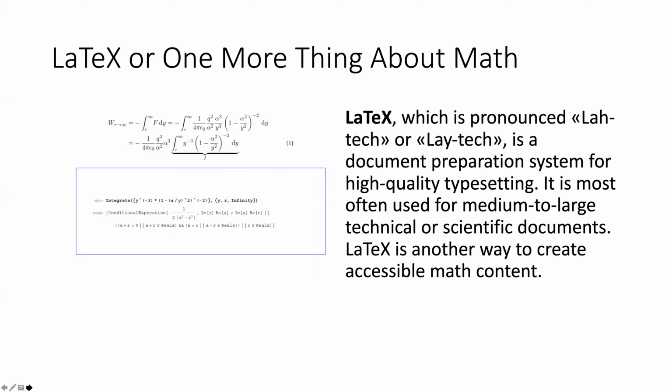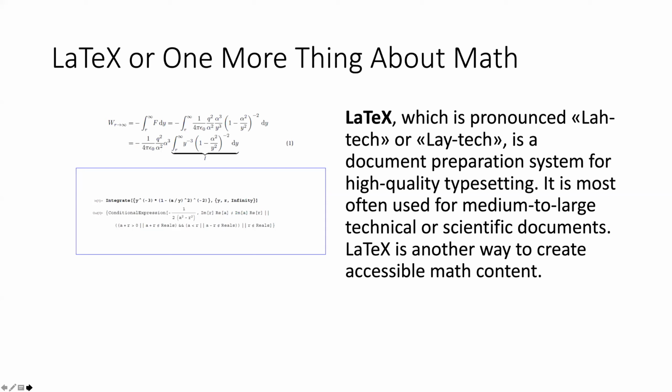LaTeX is a document preparation system, and probably every math book you've ever had has been published with LaTeX. The good thing about LaTeX is there's a couple of adjustments you can make to create accessible math with LaTeX. And at most of the colleges I've been to, there's at least one person on staff that knows LaTeX.